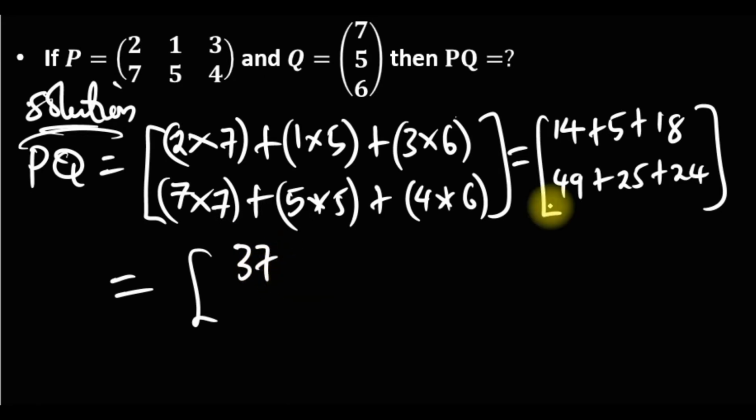So 37. Why this is 49. 49 plus 49 is 98. So do you see we have a 2 by 1 matrix, 2 rows and 1 column.